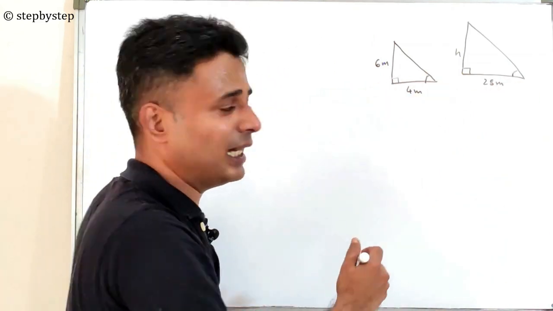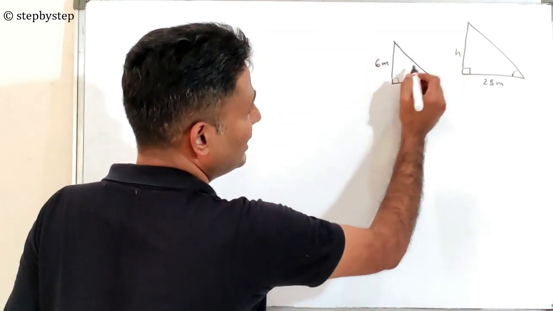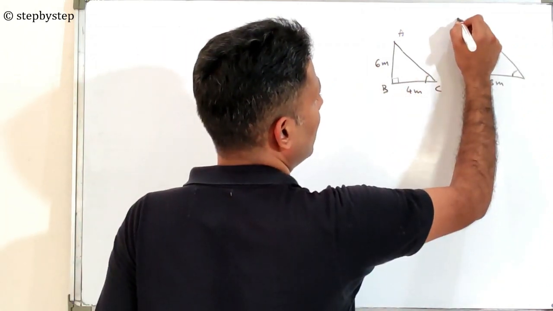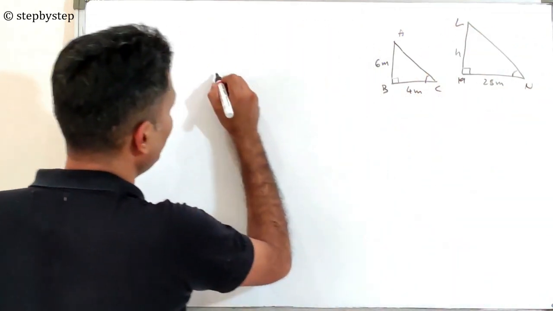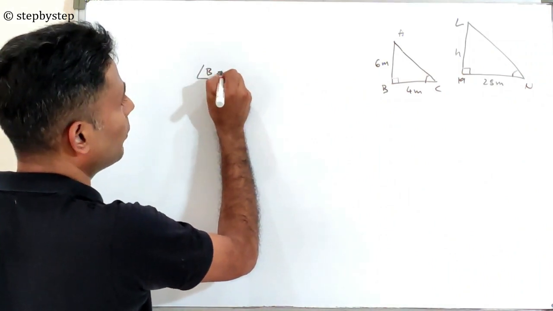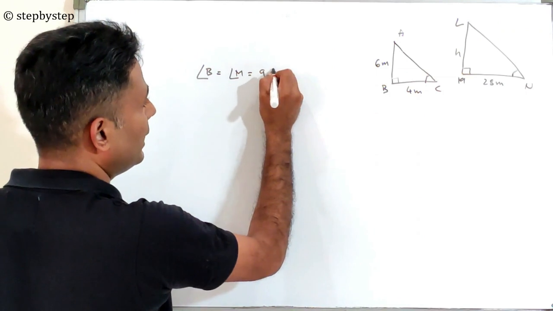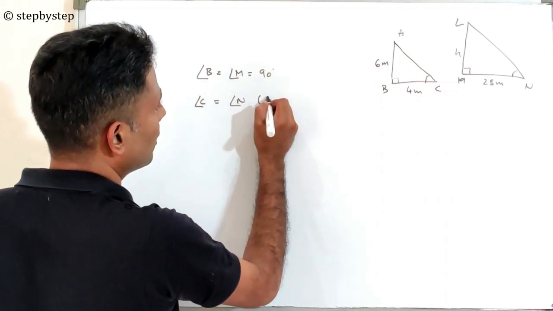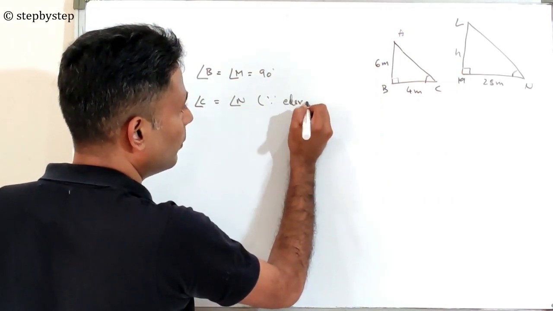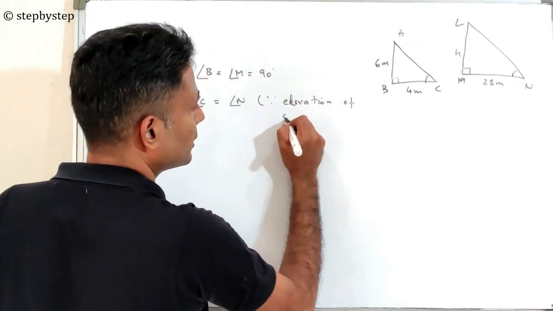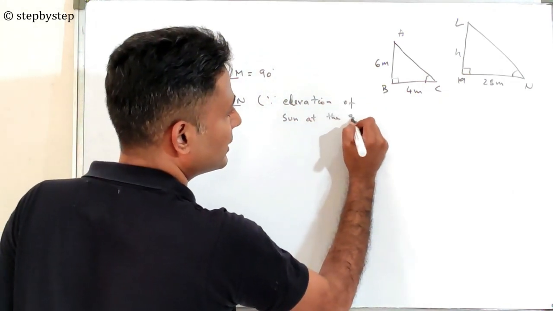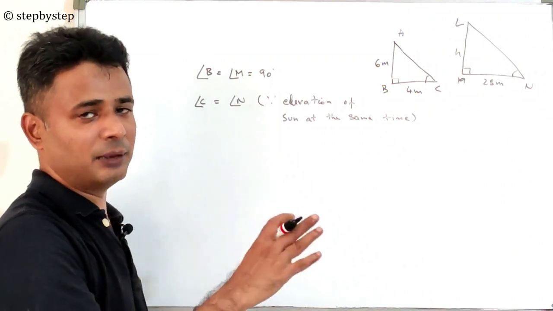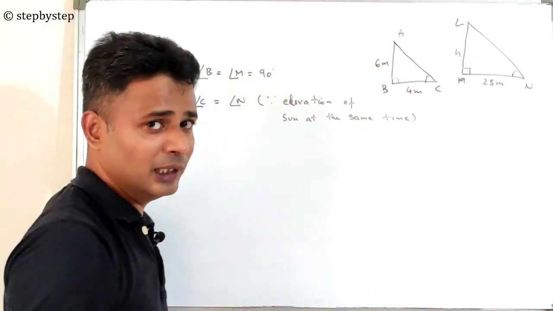Now by double A similarity, let us name this triangle ABC and this triangle LMN. So what do we get? Angle B equal to angle M equal to 90 degree. That is given. And angle C equal to angle N. The angle of elevation of the sun at the same time for any standing structure will be equal, right?